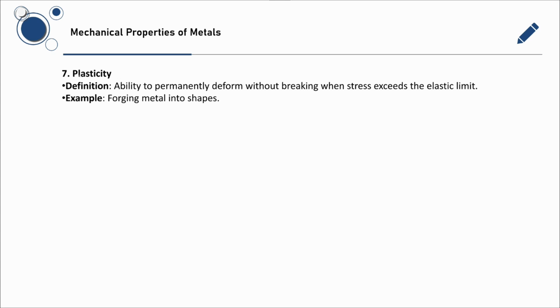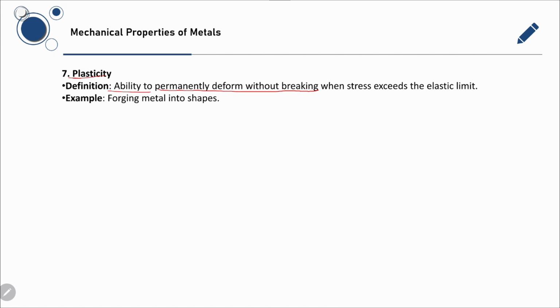The next topic is plasticity. It's the ability of a metal to permanently deform without breaking once the stress goes beyond the elastic limit. That means past yield, the shape change remains after unloading. So this is plasticity.